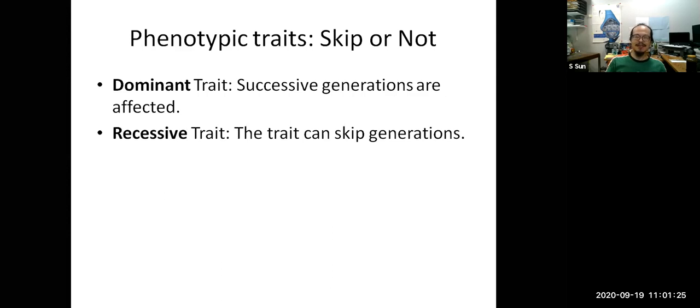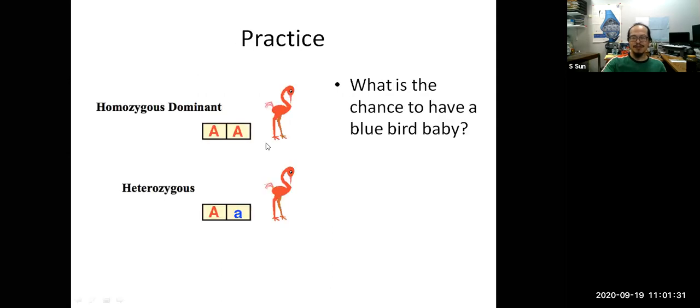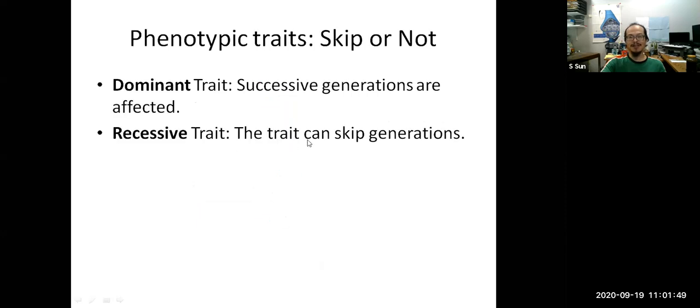But the recessive trait can be skipped, like the one we showed before. To have the recessive trait, it's basically skipped because their parents have no recessive trait, but their grandparents probably have it. So the trait will be skipped through this generation to the next one. So recessive traits can skip generations.